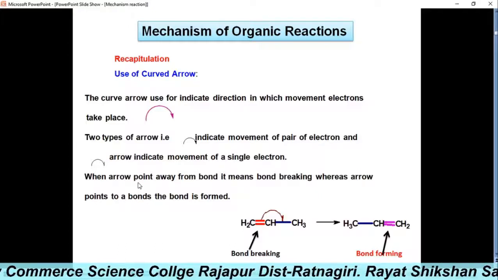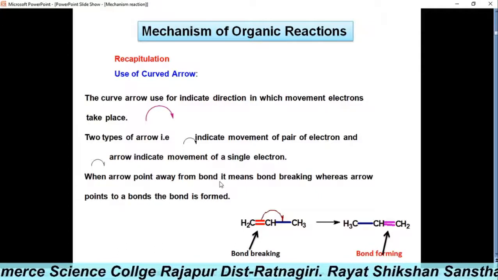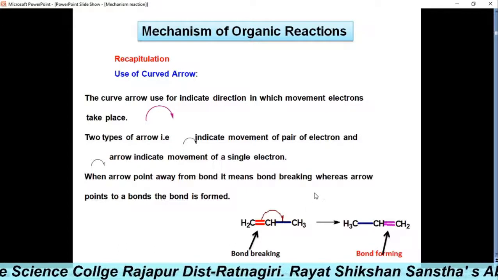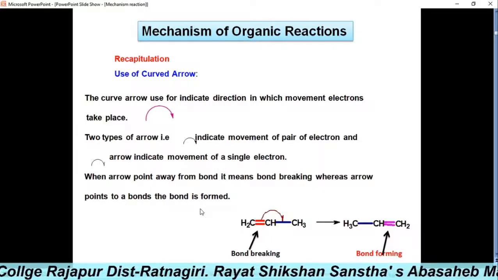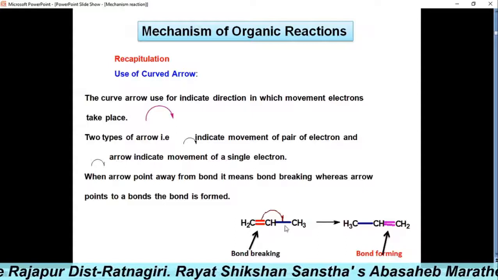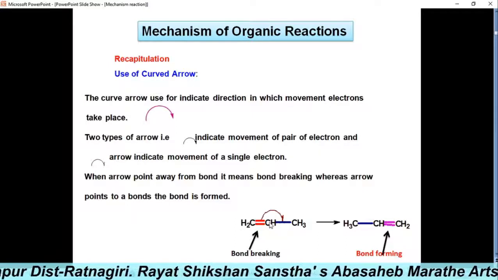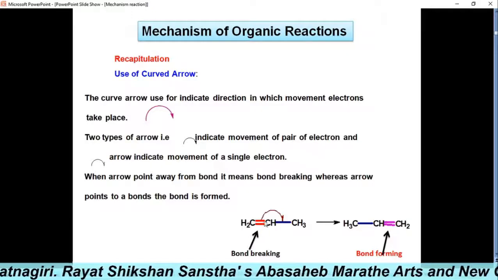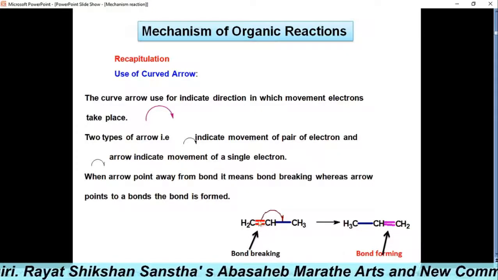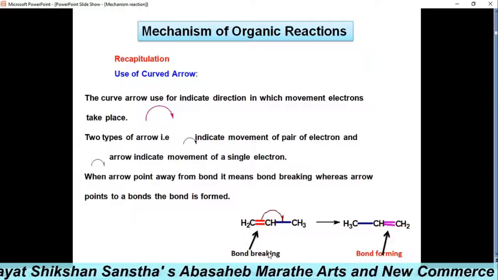So an arrow pointing away from a bond means bond breaking, and an arrow pointing to a bond means a new bond is formed.